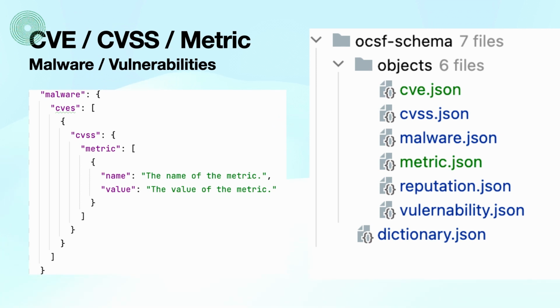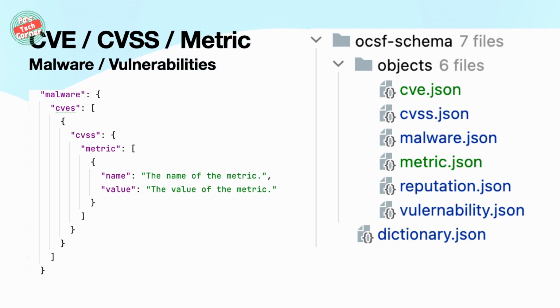CVSS metric attributes such as access complexity ID, confidentiality requirement ID have been removed from the CVSS object, and a new generic metric object has been introduced to cover all this with just two attributes, name and value. So as a result of this, the reference goes like this.